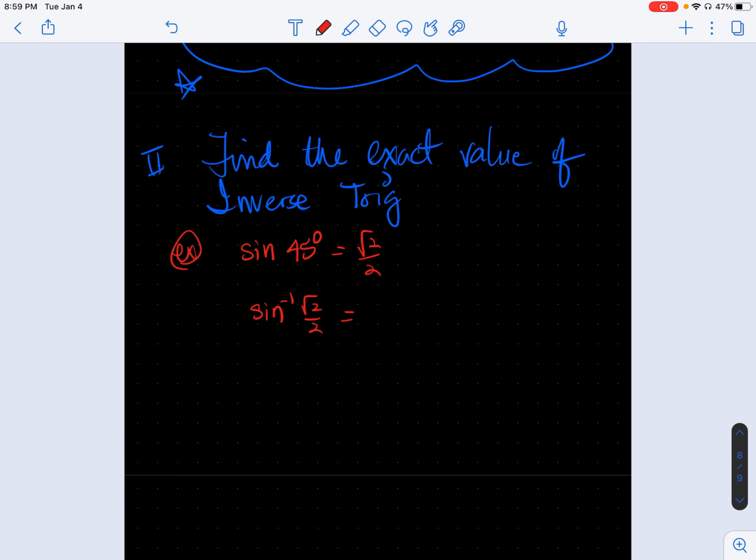So we will say the answer here is 45 degrees or pi over 4, depending on how they want the answer. If they want it in radians, we have pi over 4. If the answer is wanted in degrees, we have 45, but we're not going to consider the other as an answer.